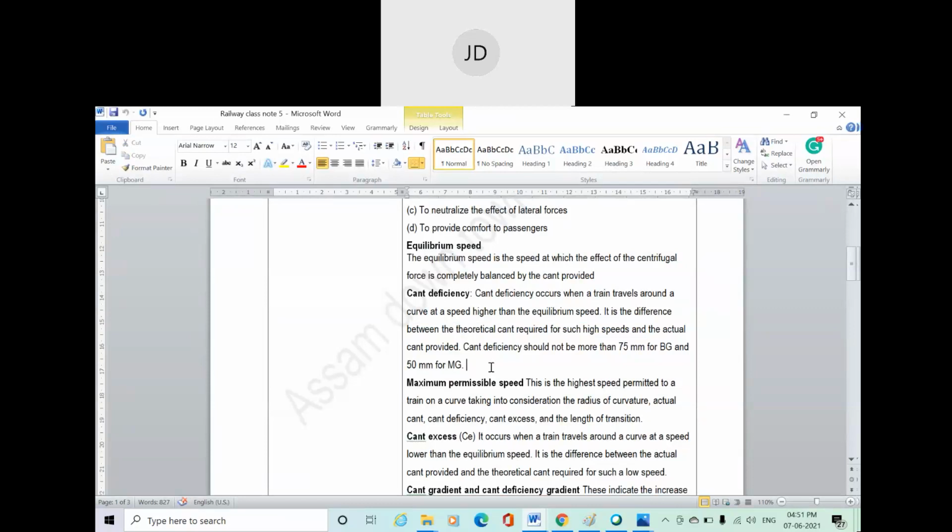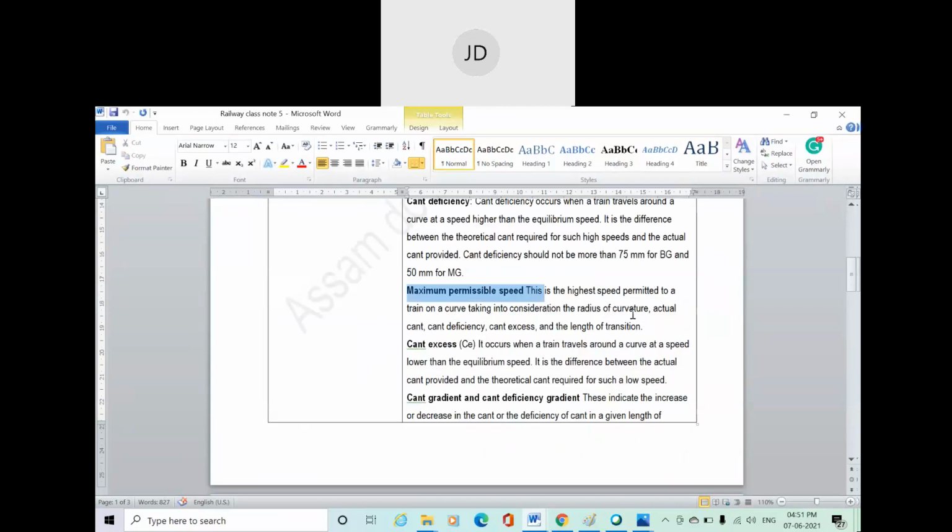Maximum permissible speed. There is also a very basic definition of maximum permissible speed. It is the highest speed permitted to a train on a curve, taking into consideration the radius of curvature, actual cant deficiency, cant excess, and length of transition. That means considering all these factors, the peak speed a train can achieve is your maximum permissible speed.